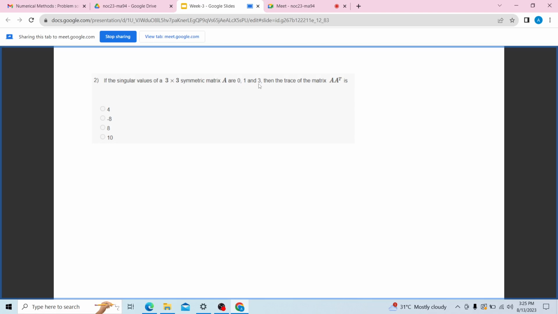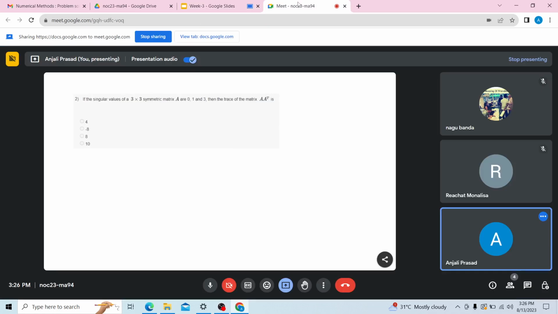That is, these are the absolute values of the eigenvalues of A. Calculate the trace of the matrix A into A transpose.